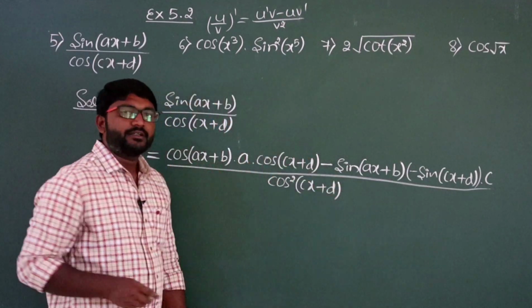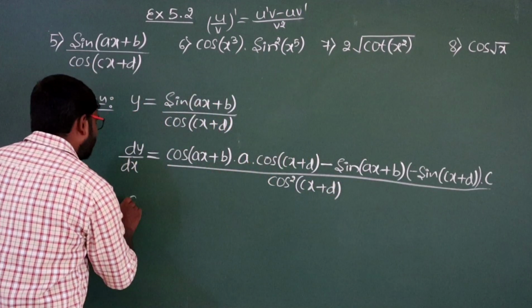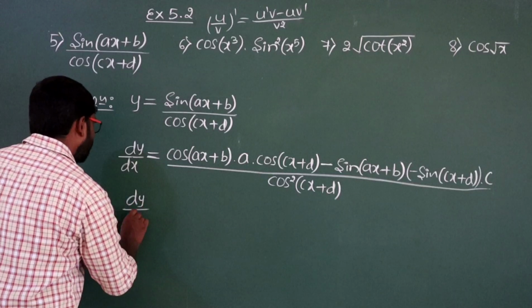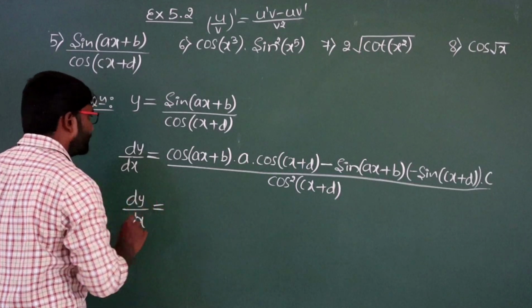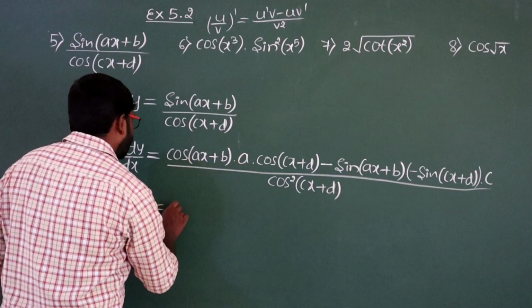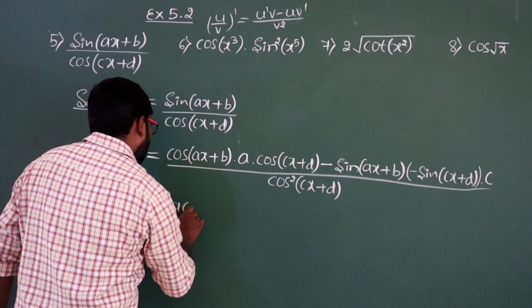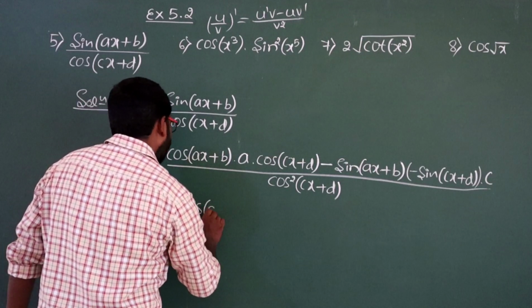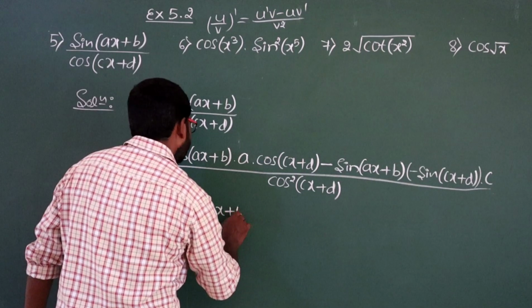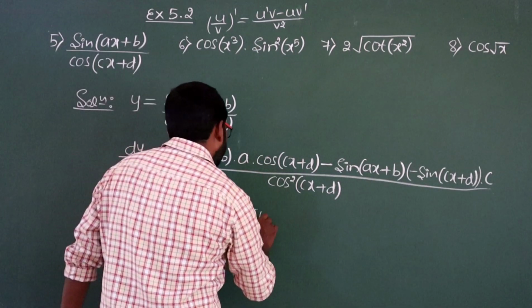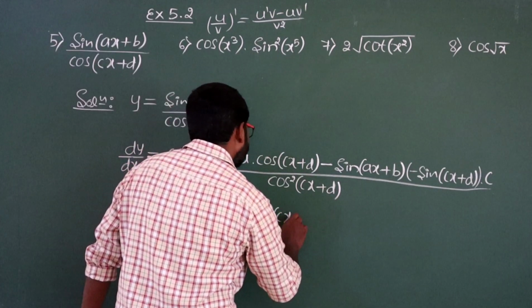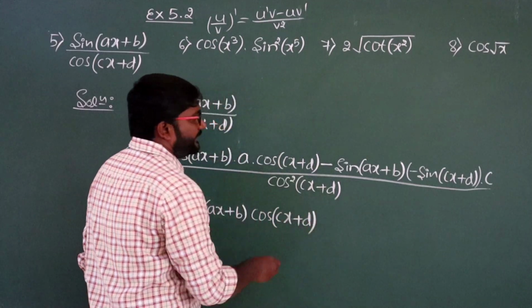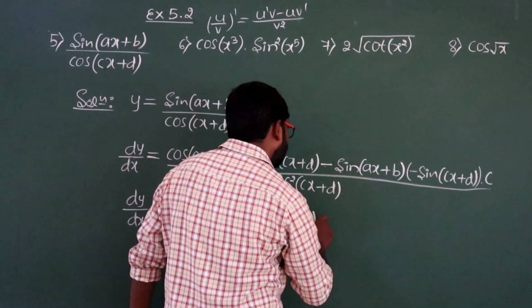So rearrange the terms now. dy by dx is equal to, I will write a in the beginning, a into cos of ax plus b into cos of cx plus d, then minus into minus becomes plus.